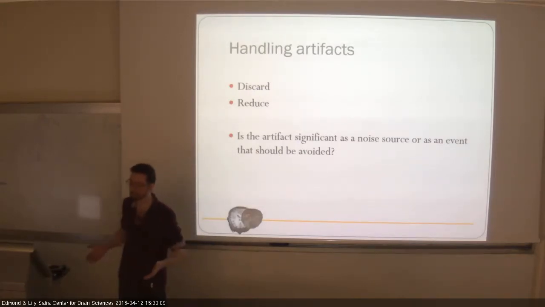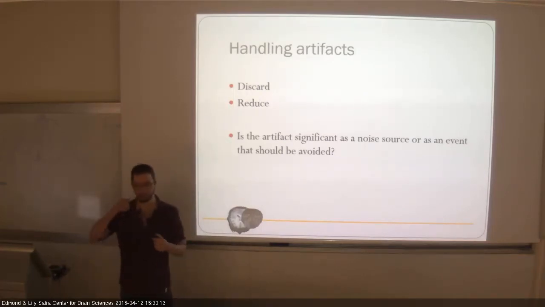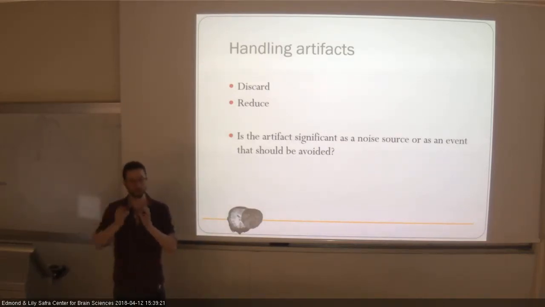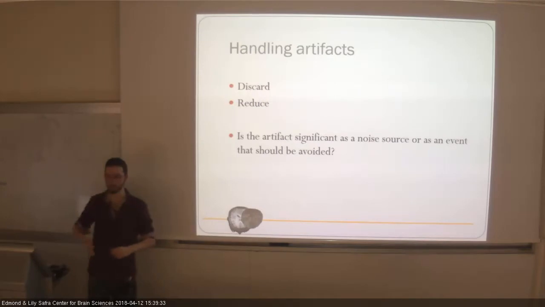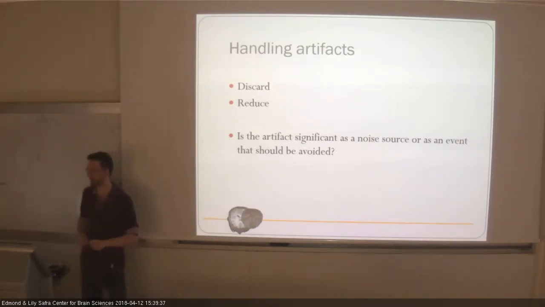Blinks are very clear artifacts in the signal, in that whenever you blink, your EEG signal goes like this, because when the eyelid covers your eyeball, it short circuits the voltage difference between your retina and your cornea, and you see it on the skull as a very, very large fluctuation, which you have to get rid of.